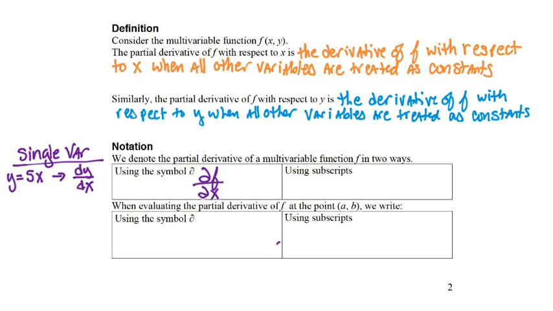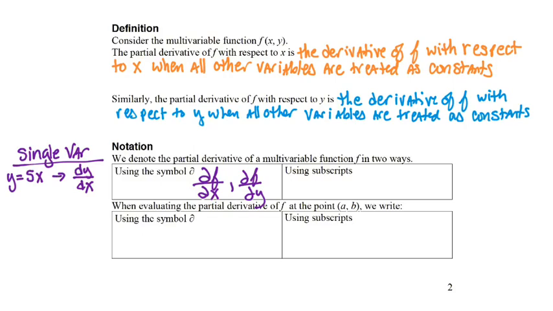So we would write these as ∂f/∂x, where we're using that cursive or script or almost fancy d. We're saying we have an f function, and it may have lots of variables, but only x was the one we were taking the derivative of. Or maybe ∂f/∂y, where only y was the variable we were taking the derivative of.